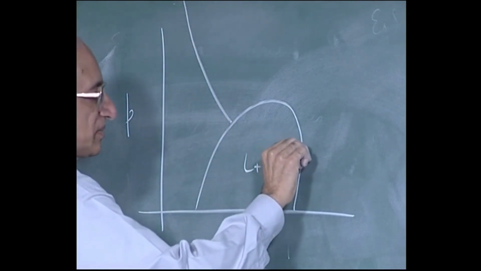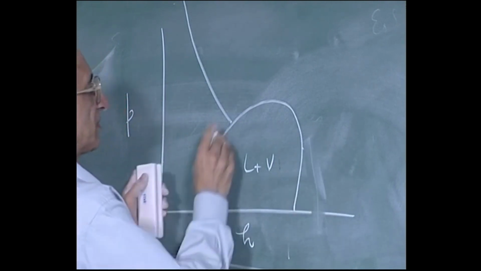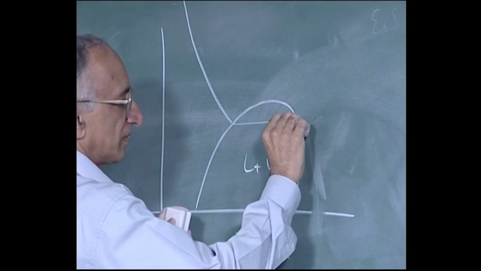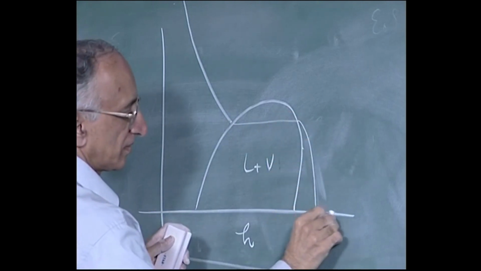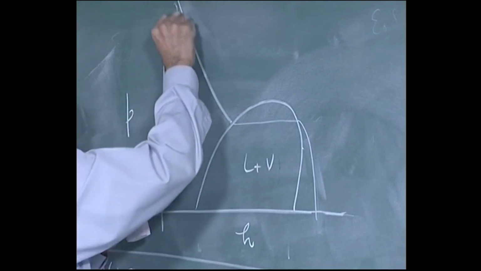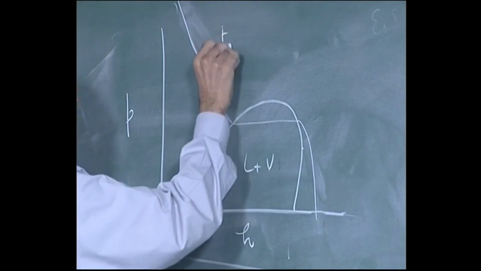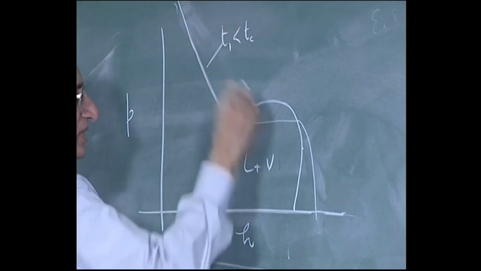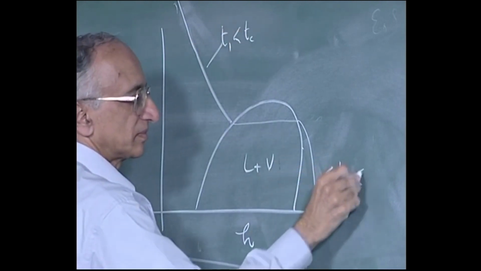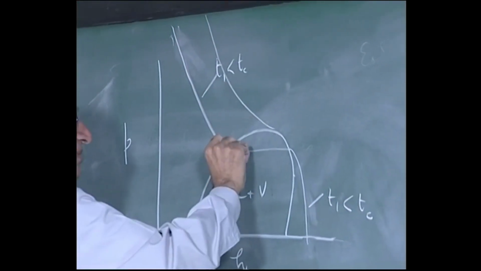Isotherms go like this. This is a typical, oh I have not drawn it in the right place. This is temperature T1 less than the critical temperature. There is a critical temperature of course.